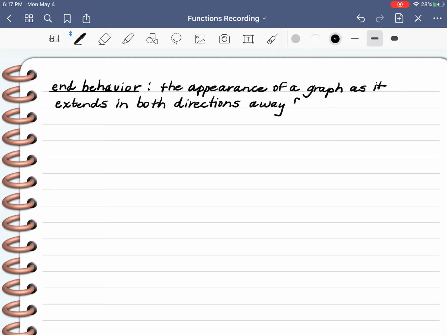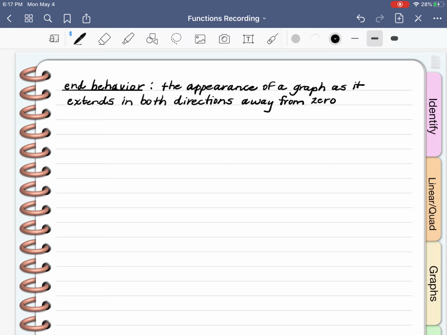And we're going to look at some problems that involve end behavior. We'll talk about that a little bit more as we get further in.